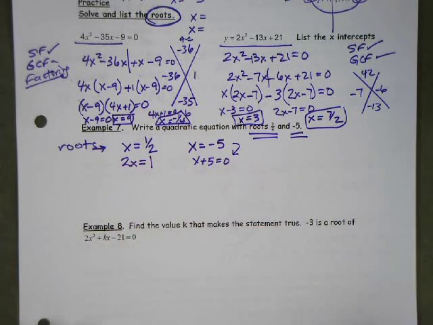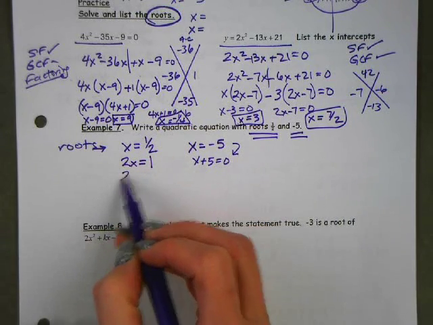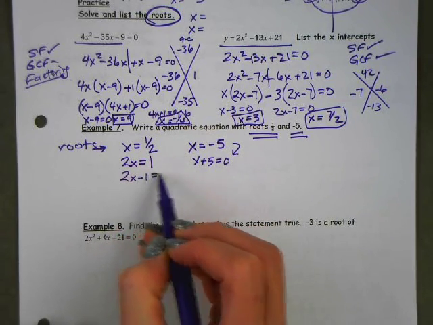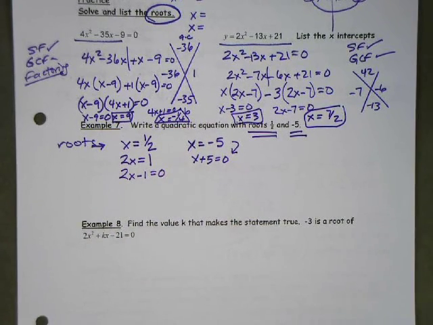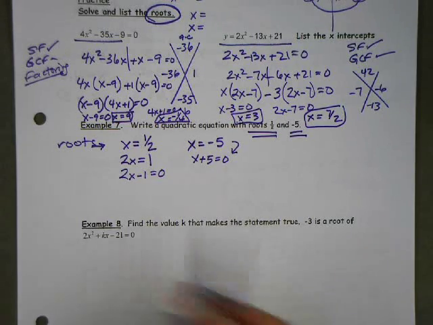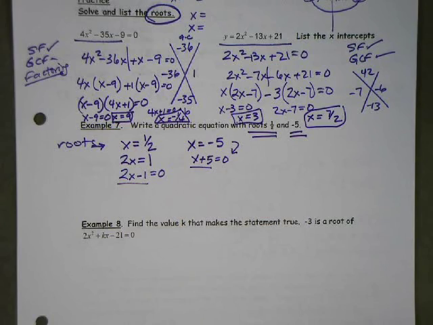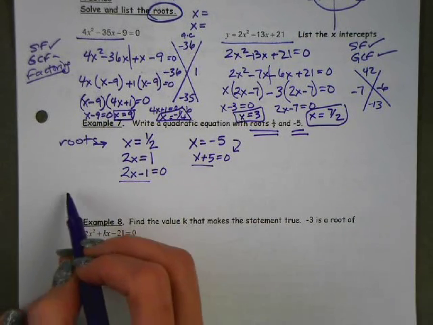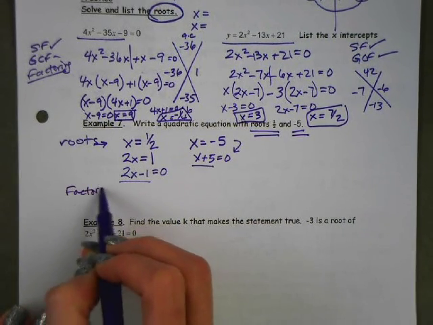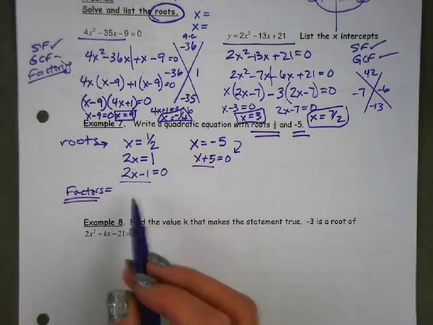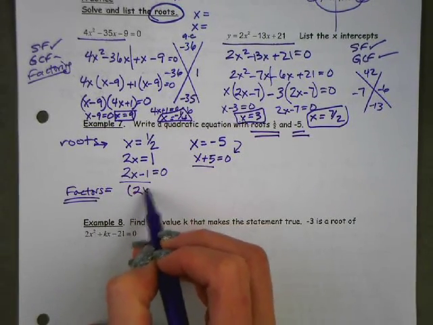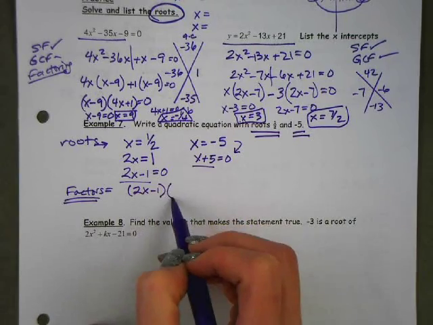And then therefore 2x minus 1 equals 0. Okay? Make sense? So now, what do these represent? They represent the factors. So the factors are 2x minus 1 multiplied by x plus 5.